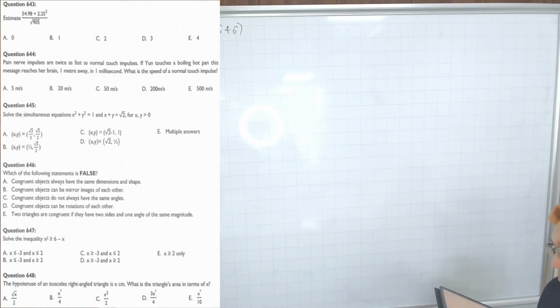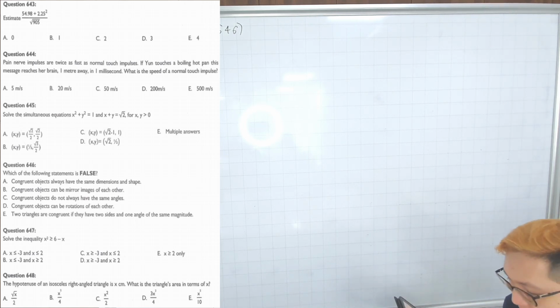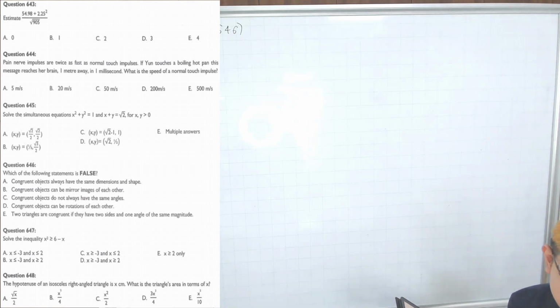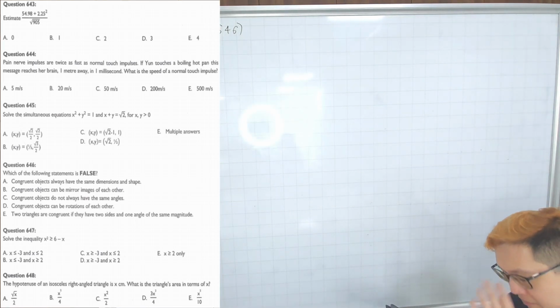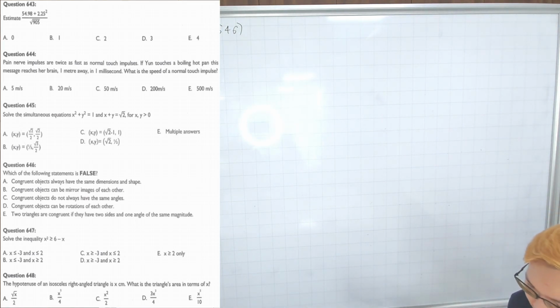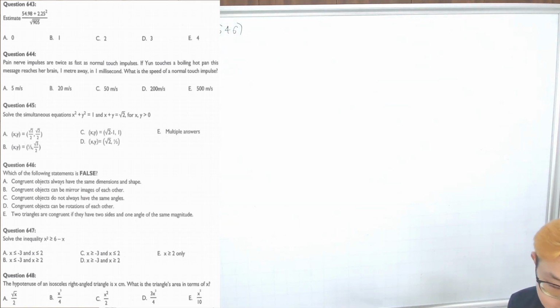Six, 4, 6. Which of the following statements is false? Câu nào sau đây là sai nè. So congruent objects always have the same dimensions and shape. Congruent là cái góc mà đồng dạng á.